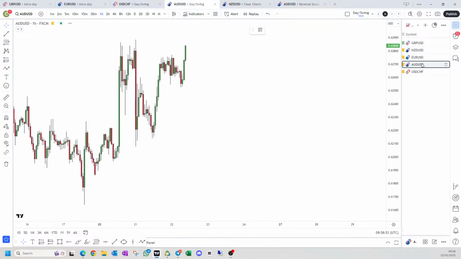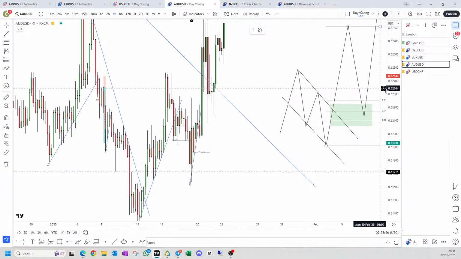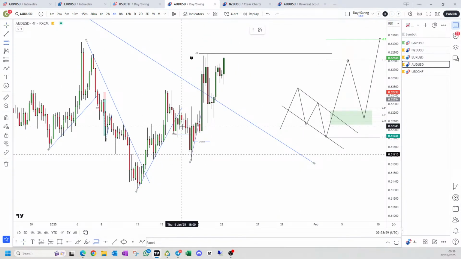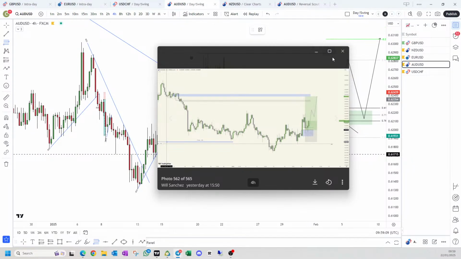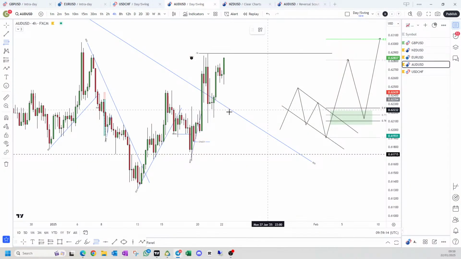So if we go to AU, oh look at that, he's nearly at TP1. So we can see there he's taken the position. Let me get that back up again. Is there a way I can take this out? Okay, so he's taken it from the refill of that on the 4 hour.